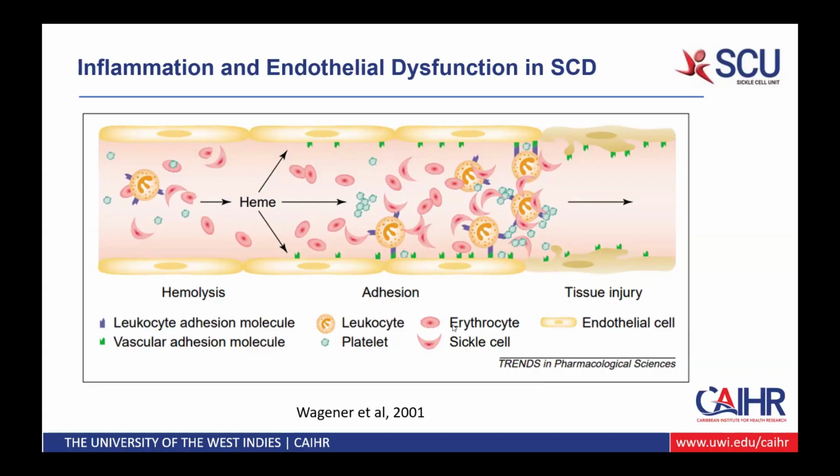So we can try to remember that: blocked blood vessels, organ damage, low blood count, and damaged blood vessels. Those are the major things happening with sickle cell disease.